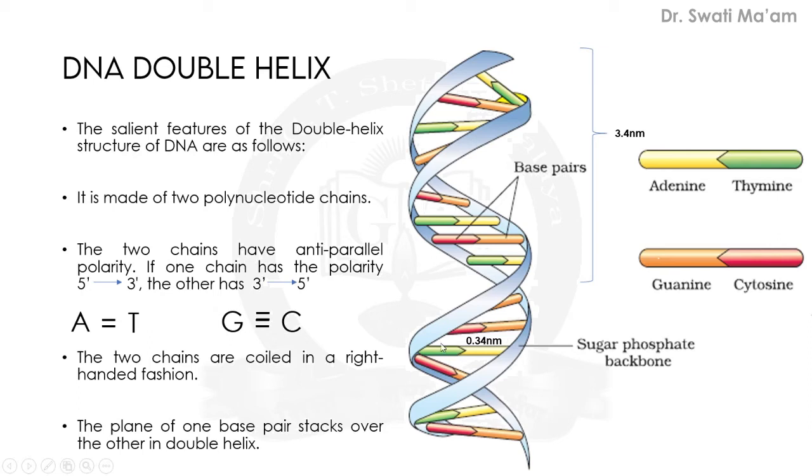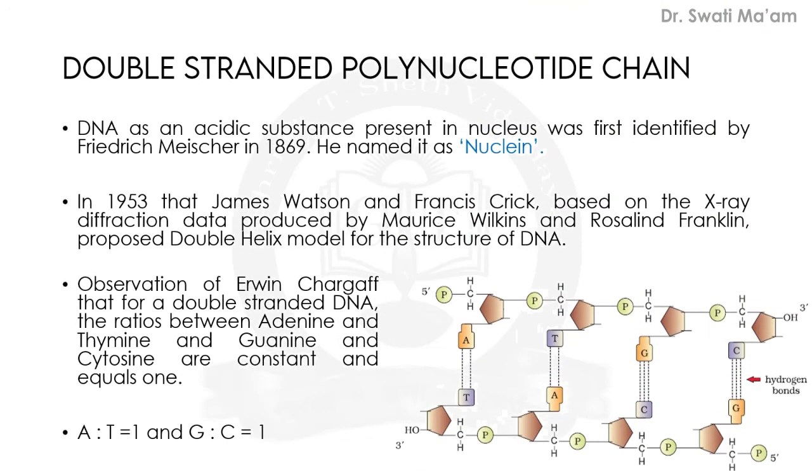Even if you want to see the distance between these two sugar phosphate backbones, the nitrogenous bases are towards the inner side and this backbone is made up of pentose sugar as well as phosphate group. So when we see the same diagram in this pattern, this part will be showing the backbone. Here also this part will be showing the backbone, and the hanging part towards the inner side is showing the nitrogenous base pairs.